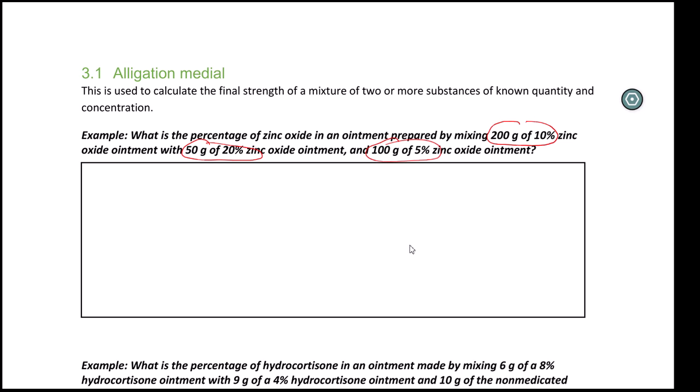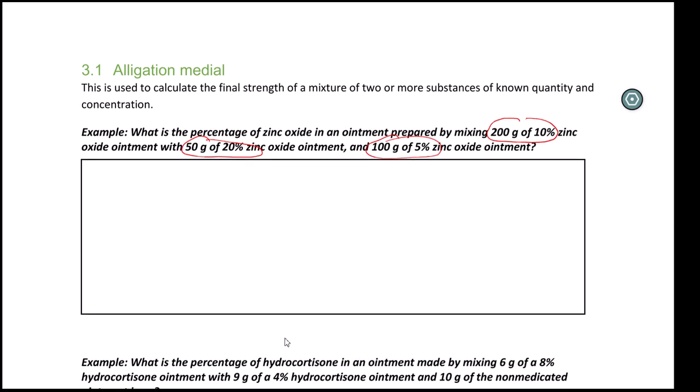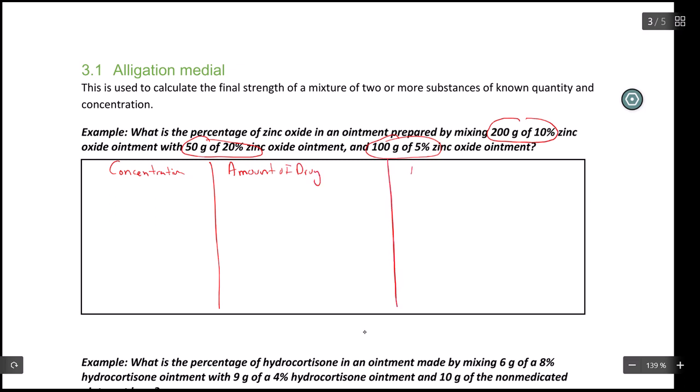The easiest way to keep track of this is to do the concentration, and then we want to know the amount of drug, or the amount of active ingredient, and the amount of material it is, and I'll show you what I mean by that.